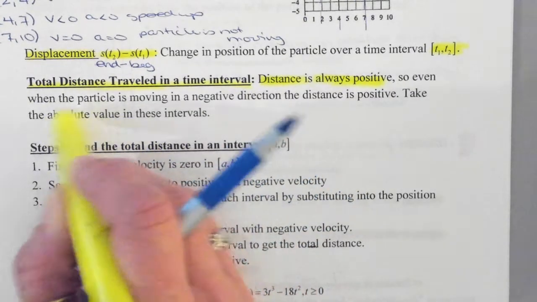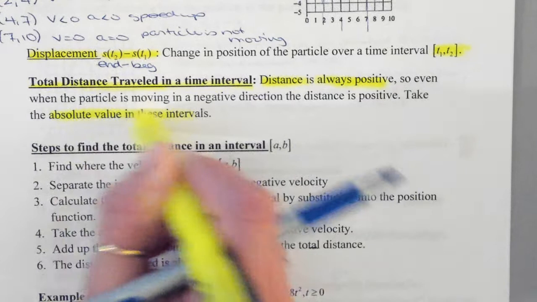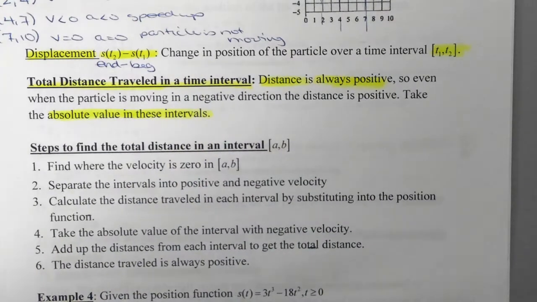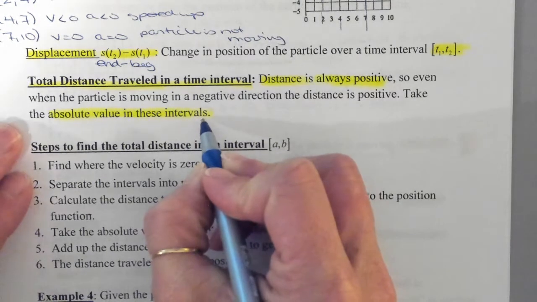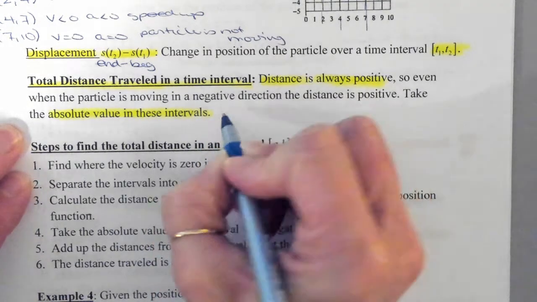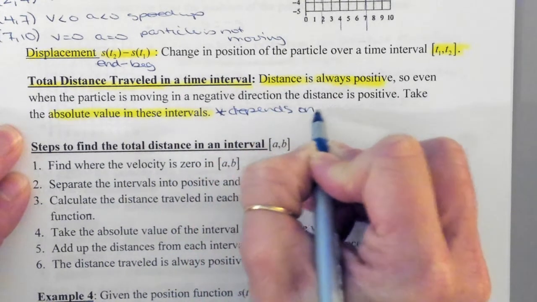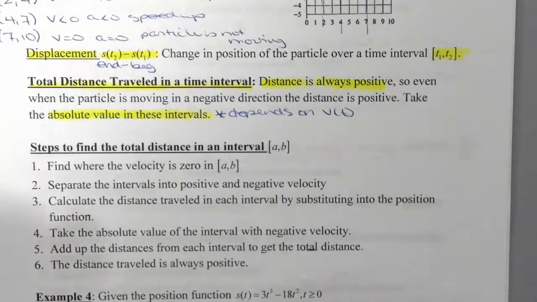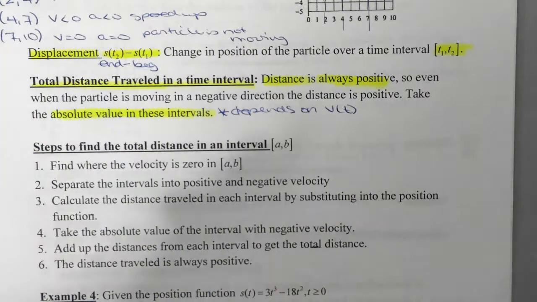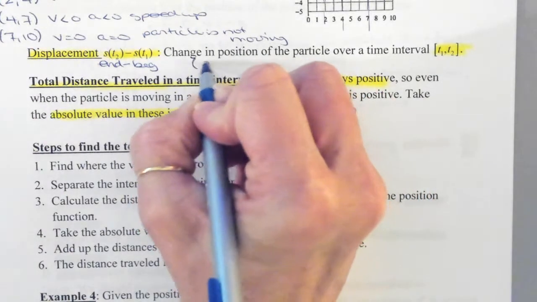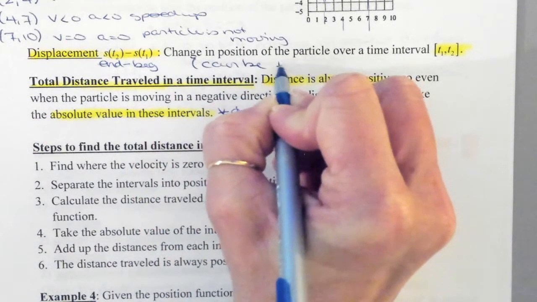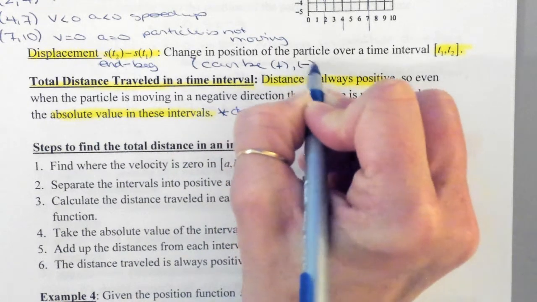Okay? So we need to look at the intervals and what's happening in terms of those. And in this case, I'm going to tell you exactly how to do it, but this is dependent on the velocity function.